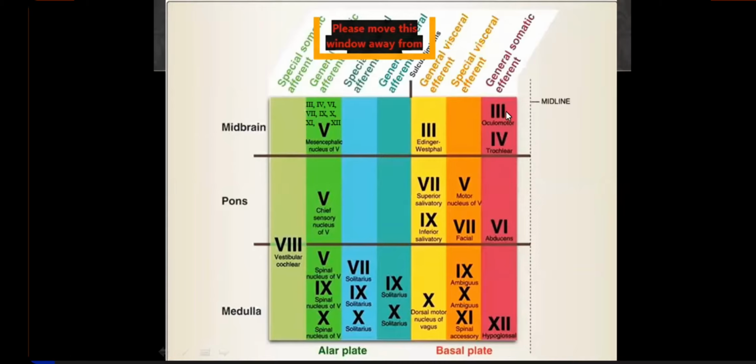This is the basal lamina. This lateral to sulcus limitans is the alar lamina. Because it innervates the skeletal muscle and is efferent, general somatic efferent. So its nucleus, you can see, is found here in this functional column called general somatic efferent, right?